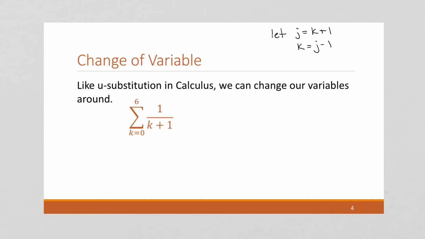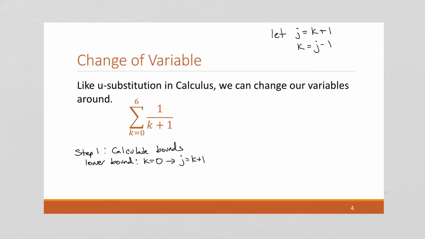First I'm going to look at the bounds. So step 1, calculate the bounds. So the lower bound, we have k equals 0, and we know that j equals k plus 1, right?